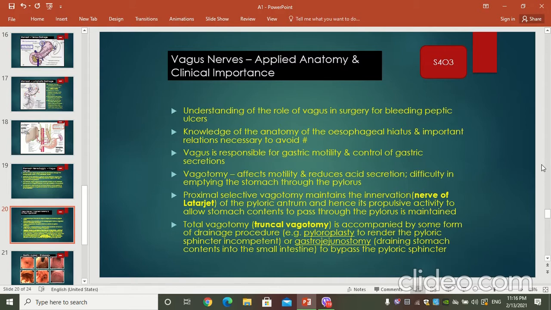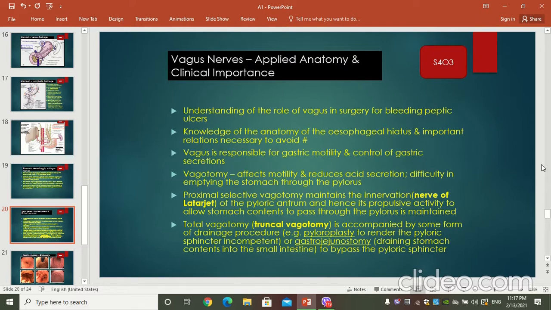Total vagotomy, also called truncal vagotomy, is accompanied by some form of drainage procedure, which is either pyloroplasty to render the pyloric sphincter incompetent, or gastrojejunostomy, draining stomach content into the jejunum to bypass the pyloric sphincter.